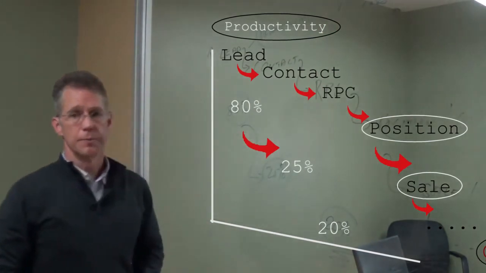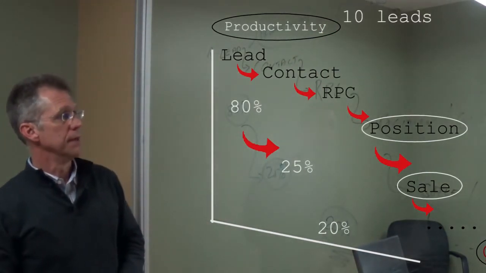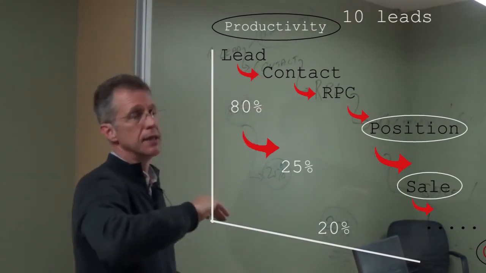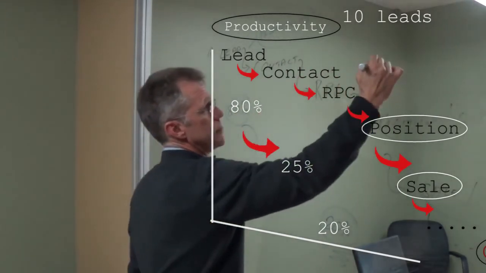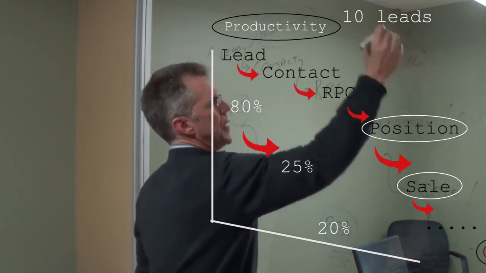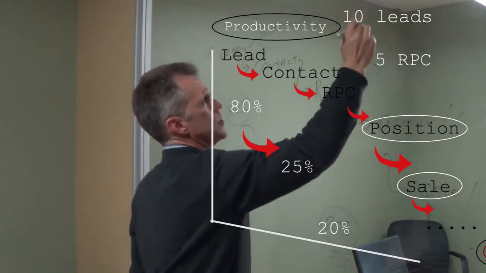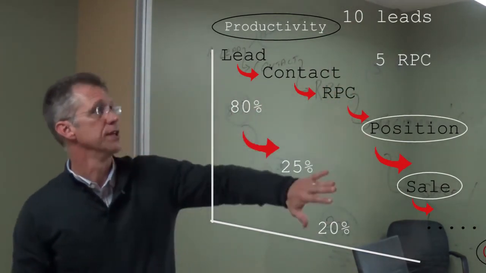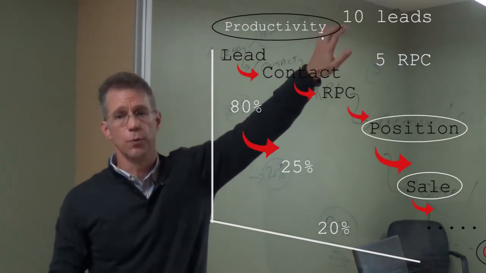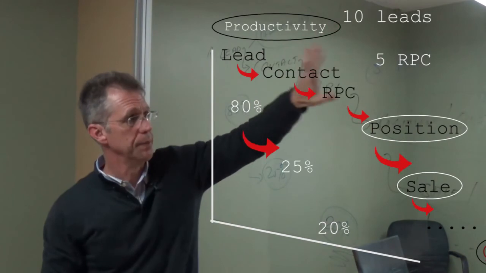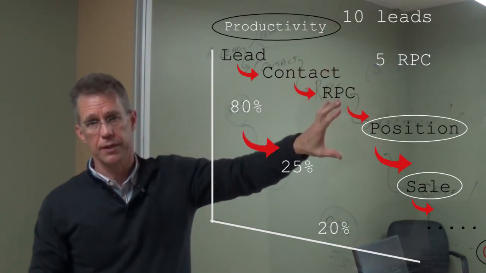Not all of them are going to be right party contacts, but if I look at my conversion rates, let's assume that of those 10 leads I can get through to 5 right parties. I now have a number to work with in terms of productivity, because without changing any of my conversion ratios, simply by accessing and working more leads per period of time, I will be able to make more sales.